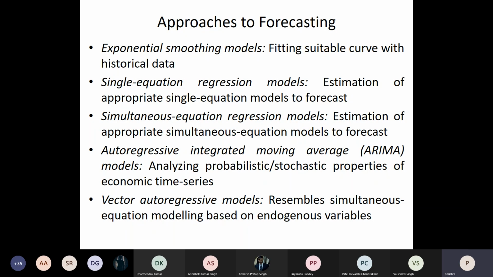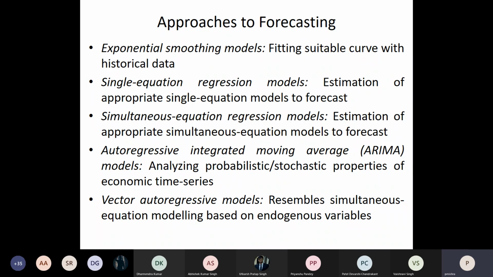The other important specification is basically simultaneous equations, where I'll give some examples. After this slide, I'll give you some examples where multiple equations may be very, very important. Particularly when, say for example, y is a function of x, and at the same time x is also a function of y.